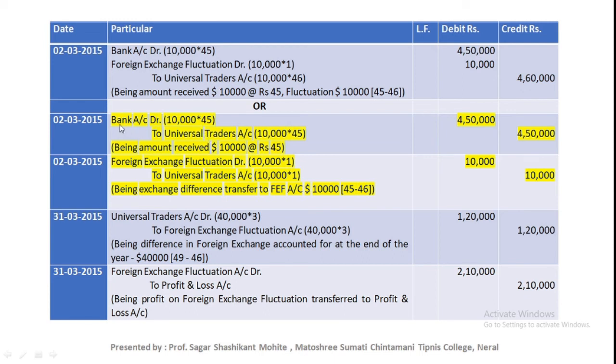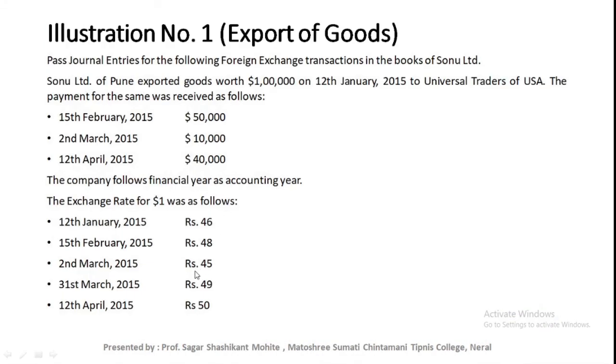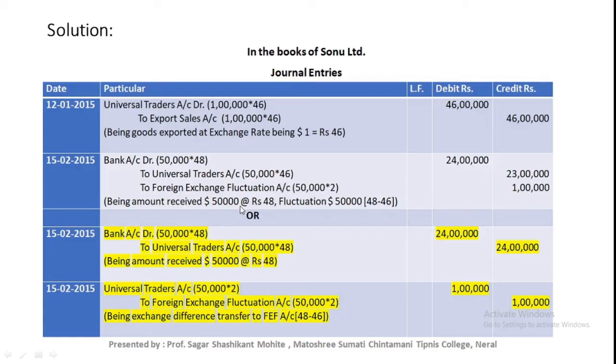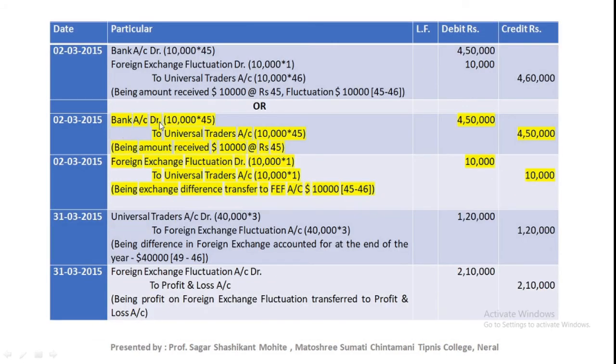For transferring the separate journal entry, first you need to transfer the receipt journal entry, that is bank account debit to universal trader account, 10,000 into rupees 45, because the rate of exchange on the date of receipt is rupees 45. That's why: bank account debit 10,000 into 45 to universal trader account 10,000 into 45, that is 4,50,000. And here the company suffers a loss of rupees 1 per US dollar.